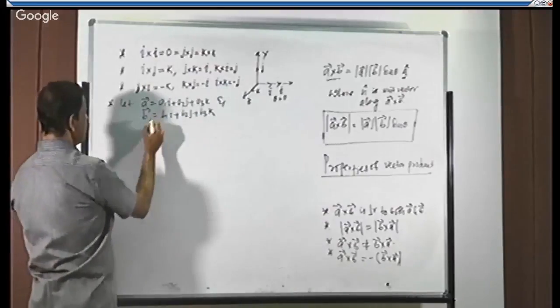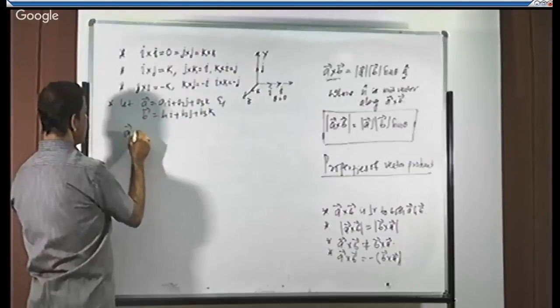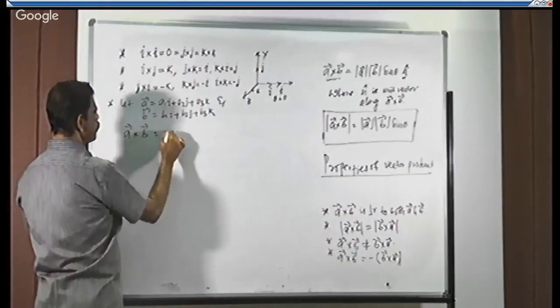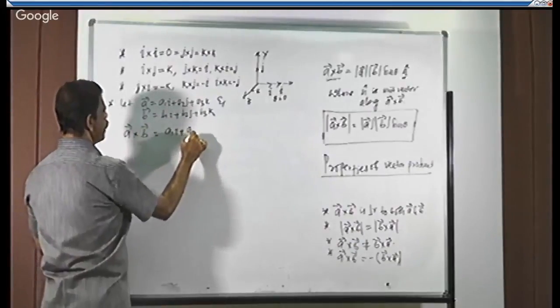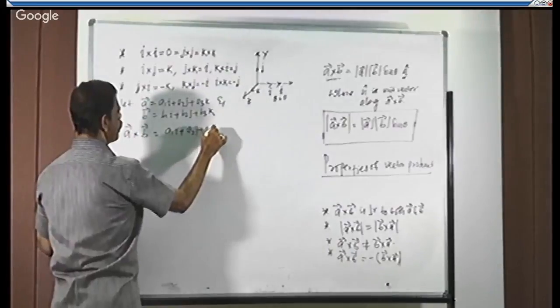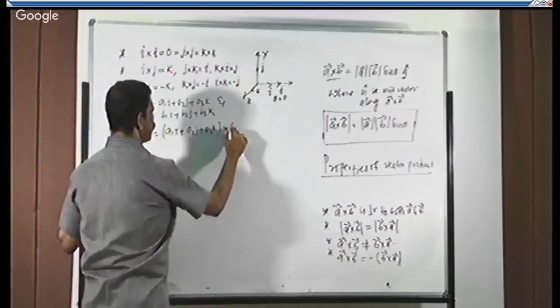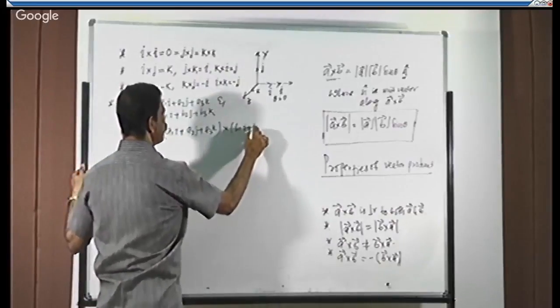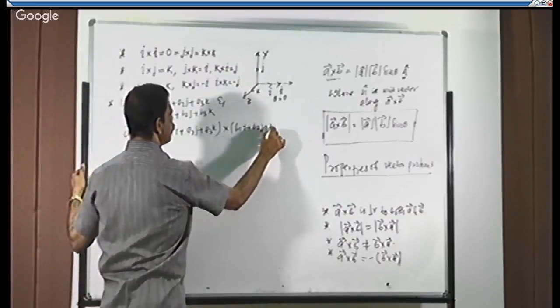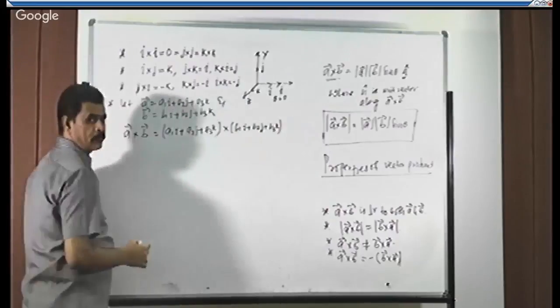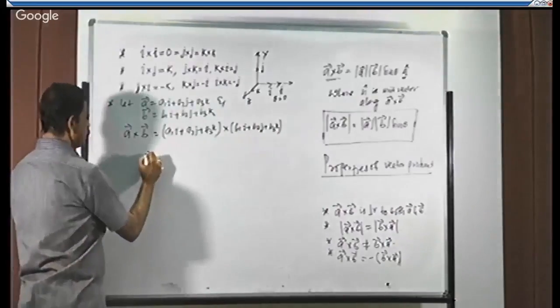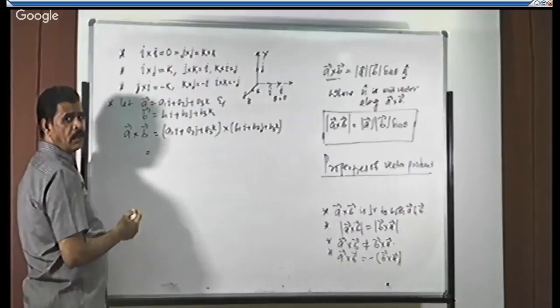So if I multiply these two, A cross B is equal to (A1 I plus A2 J plus A3 K) into (B1 I plus B2 J plus B3 K).